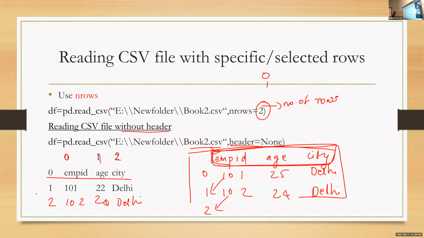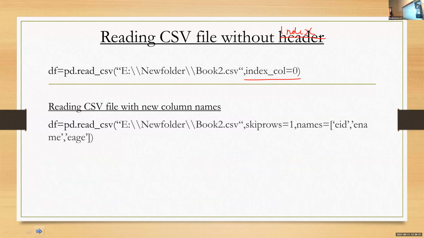If I want to display a CSV file without this index value, without the 0, 1, 2, for that I am using this index_col equal to 0.